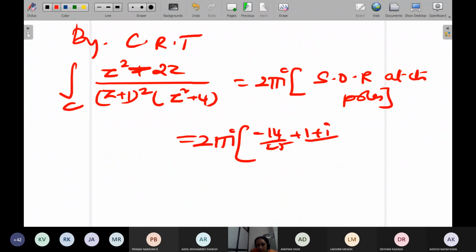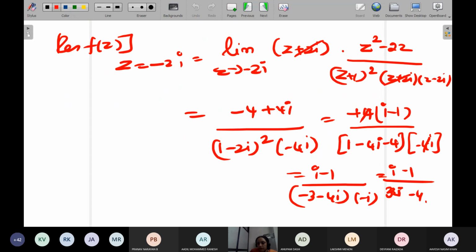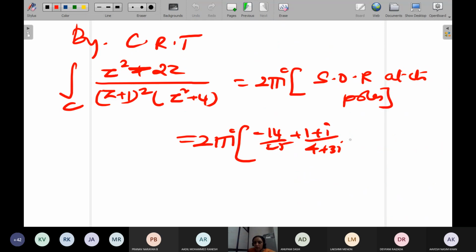The last one I will write as 1 minus i by 4 minus 3i, taking a minus sign from both numerator and denominator: 1 minus i divided by 4 minus 3i. That's all. You cannot simplify more than this.